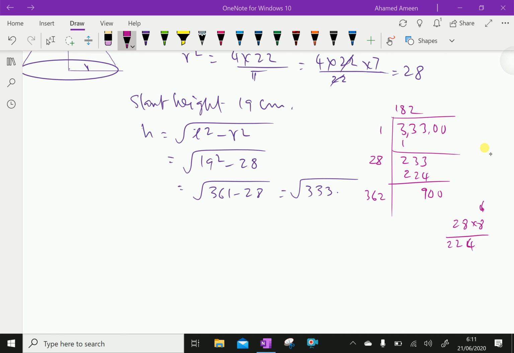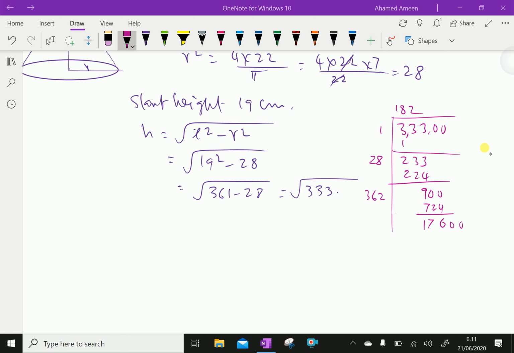Add to 724, then subtraction is 176. Then it continues like bringing down zeros like we have.